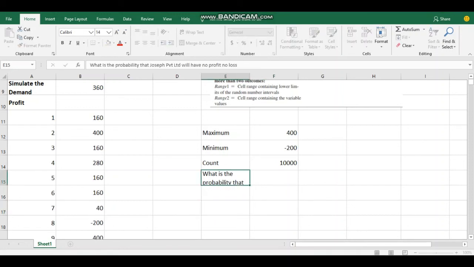Let's say will have a profit of less than or equal to 0.